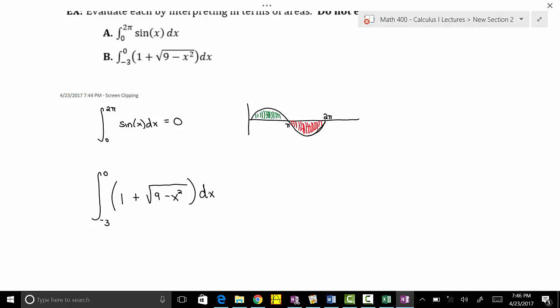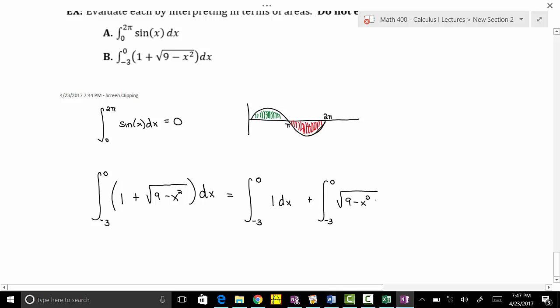If you just know how to graph, then this problem is very easy for you. First, I'm going to use a property of integrals. I'm going to break this into two integrals. By the way, don't forget those dx's on there. It's often the case that people do.